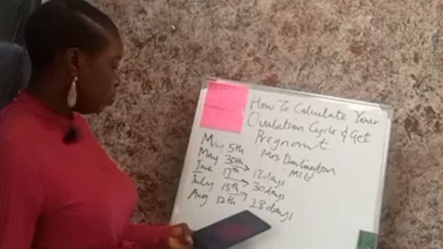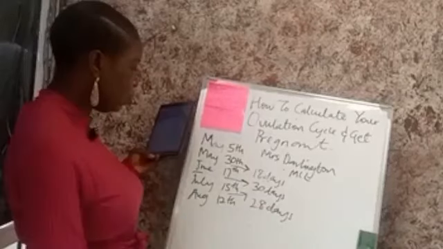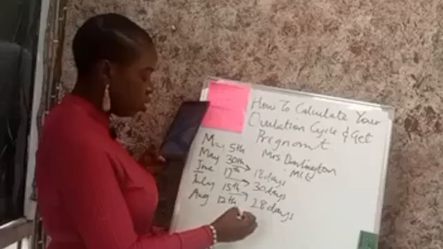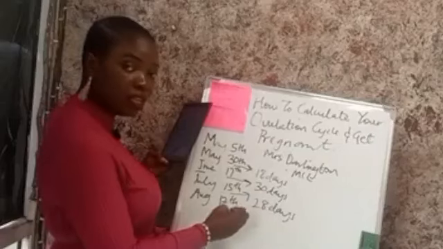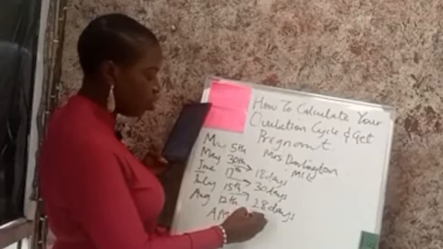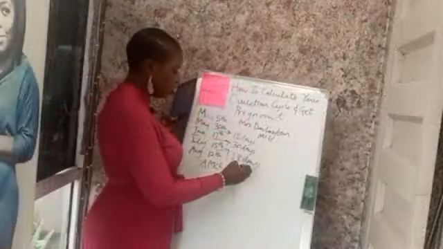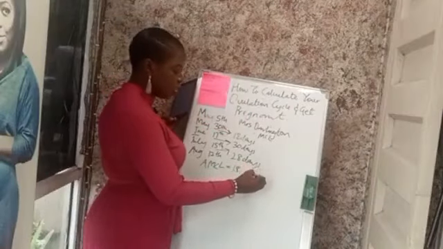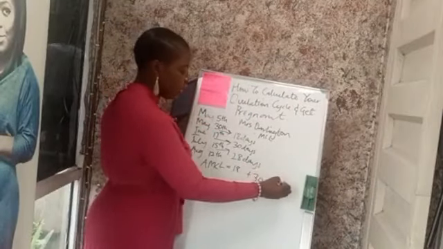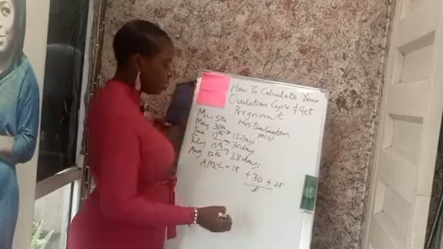So let's look at this. Now we're going to look at our average menstrual cycle length, which is going to give us cycle 1, 2, 3 over 3, and that will be 18 days plus 30 days plus 28 over 3. What will this give us?